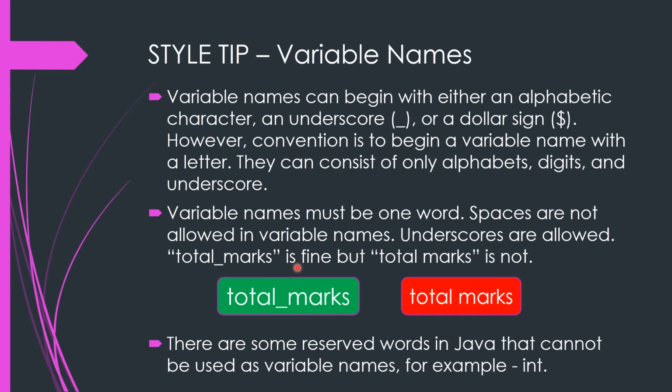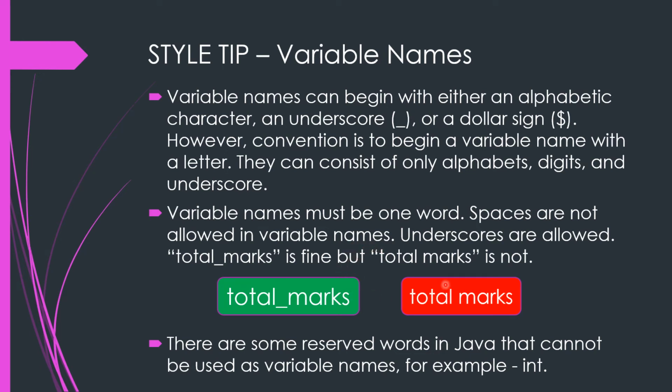So in a variable name, we have to take care that it is only one word. It cannot be two words or three words. Spaces are not allowed, because if space were allowed, then it would make two names. So that's why space is not allowed.